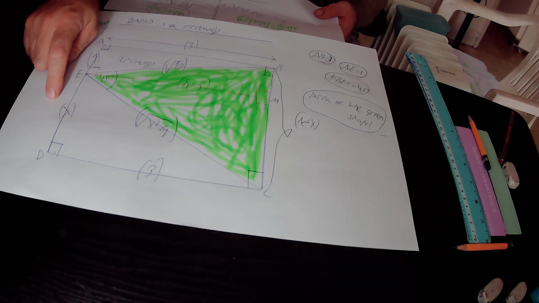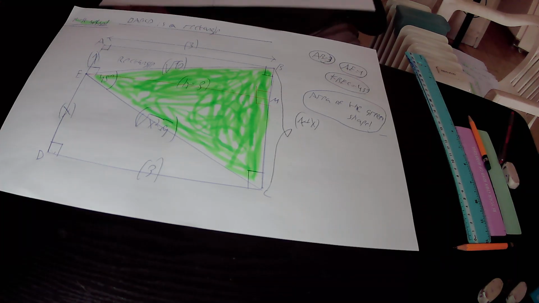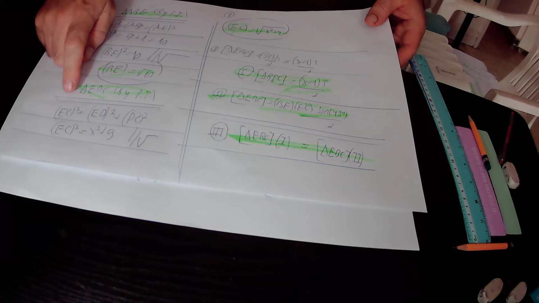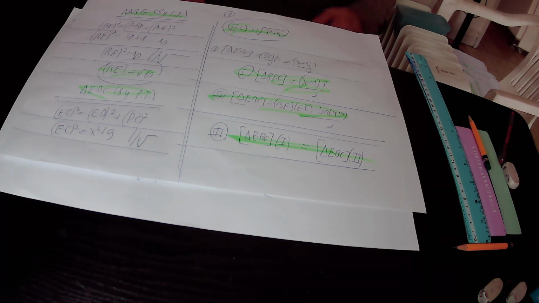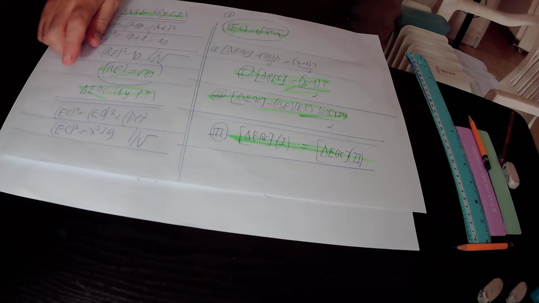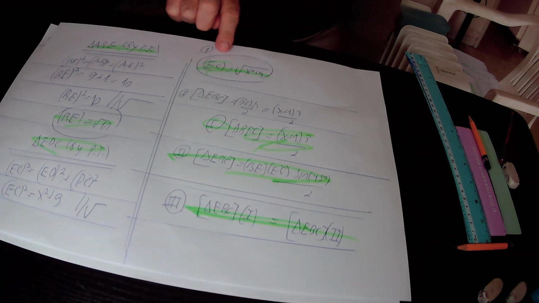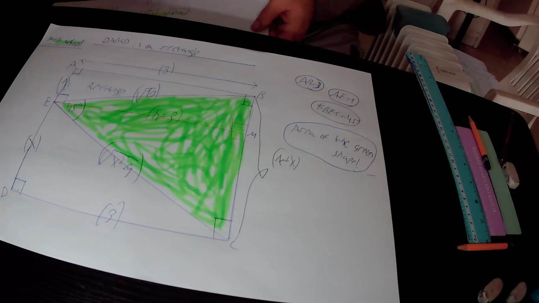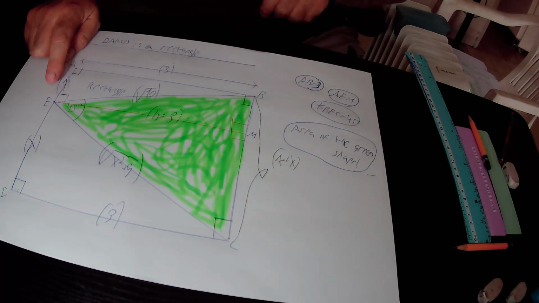ED is x, therefore ED squared is x squared, plus DC squared. DC is 3, therefore DC squared is 3 squared, that is 9. So in total EC squared equals x squared plus 9. Here we found that the missing hypotenuse EC equals the square root of x squared plus 9 units in length.